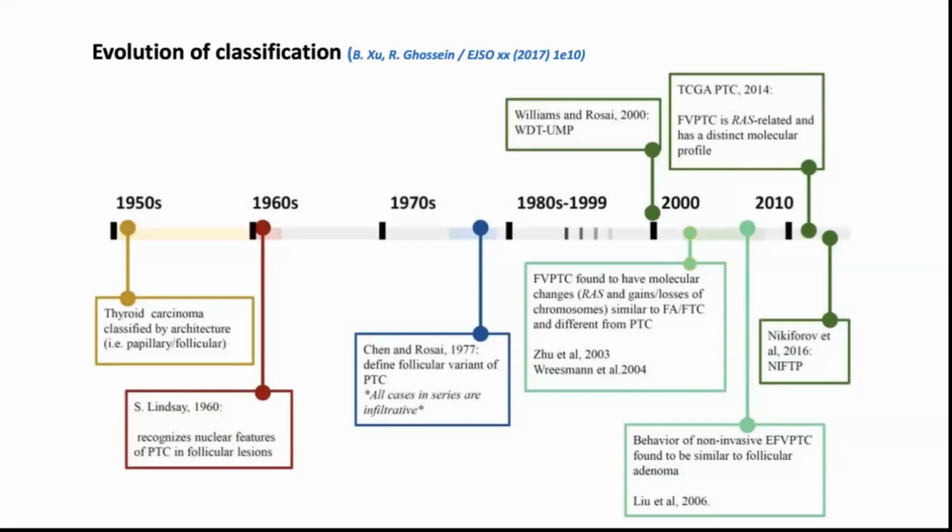Later, towards 2016, Nikiforov et al. identified and defined a new entity, NIFTP, which caused a revolution in the pathology of thyroid cancers, and where most cancers were being diagnosed as malignant, NIFTP was still regarded as a benign tumor.